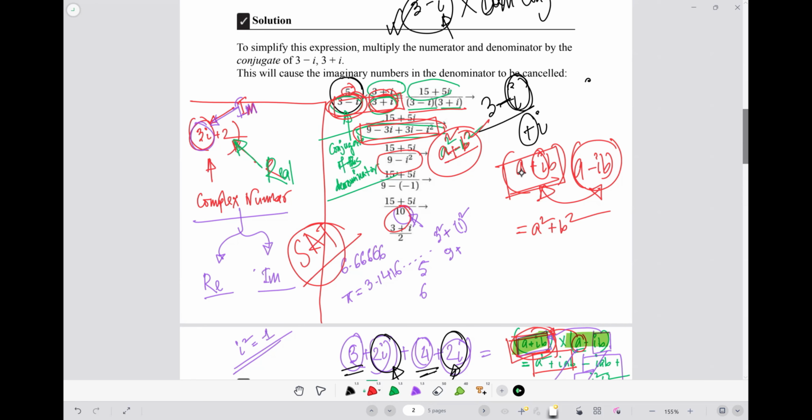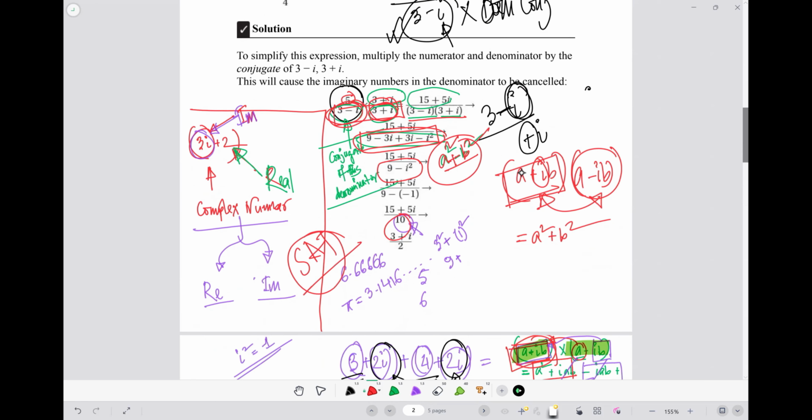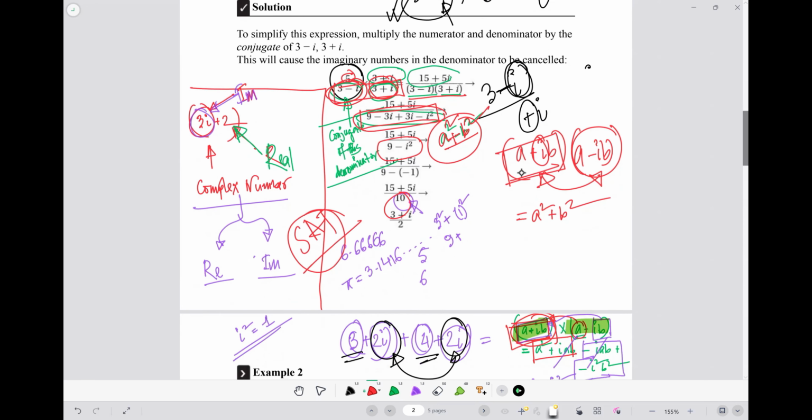And that is our main motive. Technically, we cannot multiply by a complex number in the denominator, and that's why we're trying to bring a real number to the denominator.